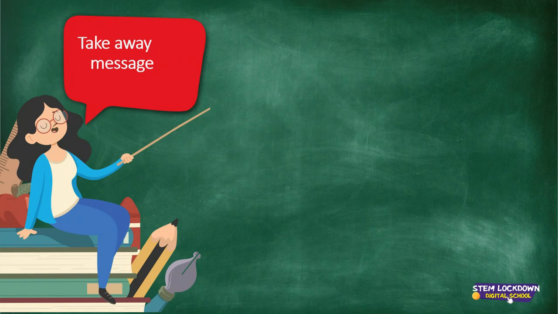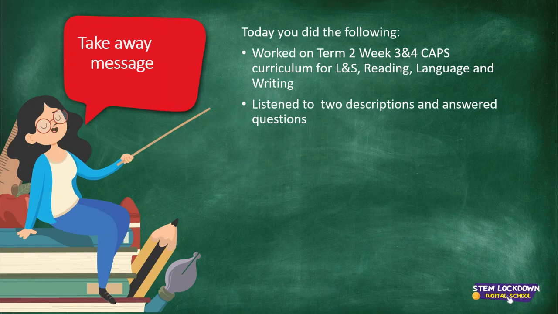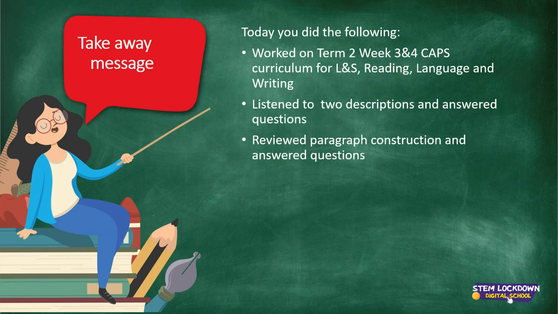Well done. So let's just go over what we've done again today to round off the week. We did a revision lesson of all the things we did this week. You listened to 2 descriptions and you answered questions. You reviewed the paragraph construction method and you answered questions.